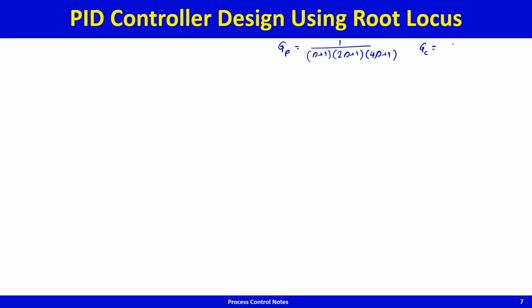So GC will be Kc times (tau d s plus 1) upon 4s times (0.1 tau d s plus 1). We want to know what tau d should be.